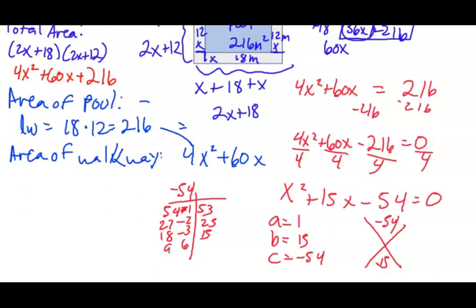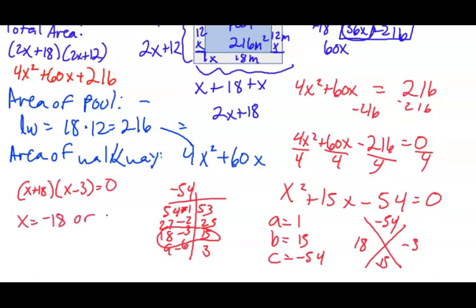Looks like that's what we want. So I have 18 and negative 3. So we have our factored form, x plus 18 and then x minus 3 equals 0. You have x equals negative 18 or x equals 3. This one is real. This was extraneous because you can't have a negative distance.